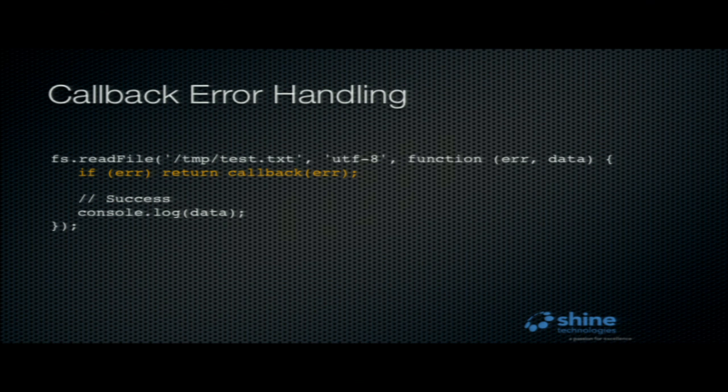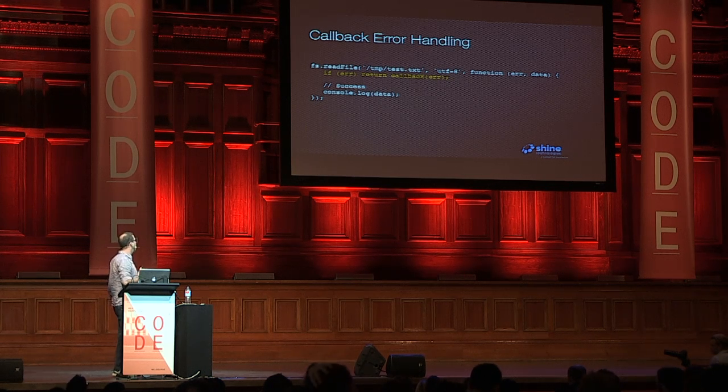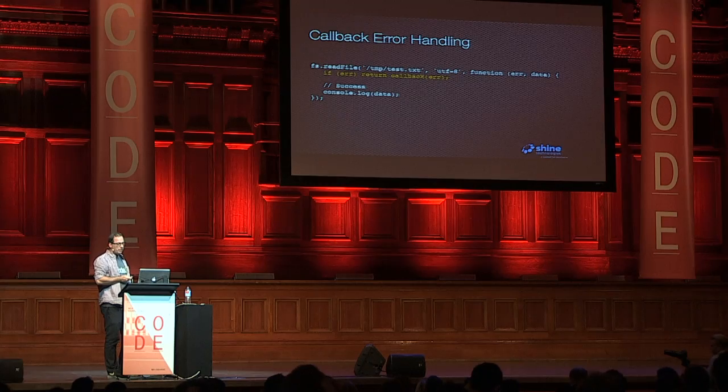For single callback methods like readFile, there's a convention in Node.js that the first argument of the callback is always an error object, and it's filled whenever the asynchronous operation failed. And we have to evaluate that error object every time we write a callback. And so we have error code in every single callback.